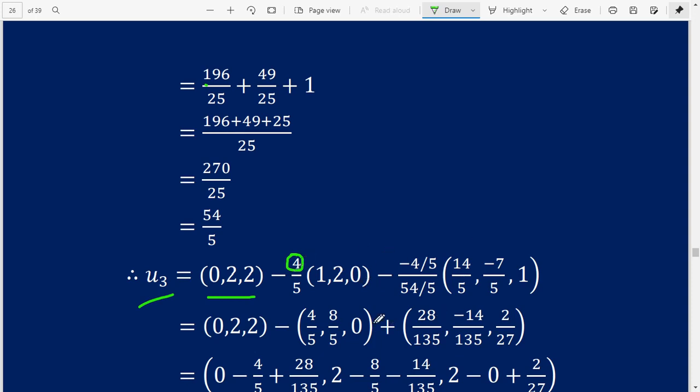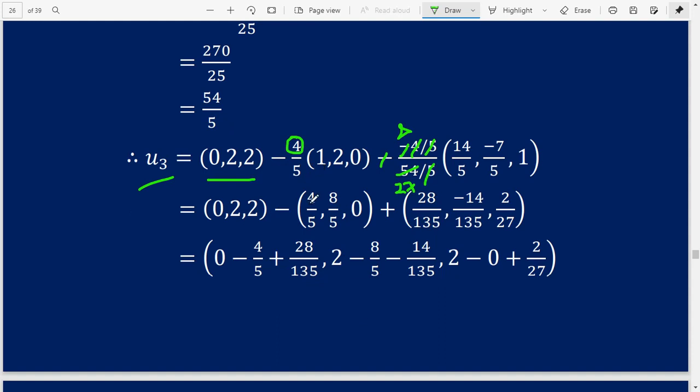Now simplifying this, the fives cancel out, minus 4 upon 54 minus minus plus, so 4 upon 54 into 14 by 5 is equal to 28 by 135, and 4 by 54 into minus 7 by 5 gives minus 14 by 135. And 2 upon 27 into 1 is equal to 2 upon 27.